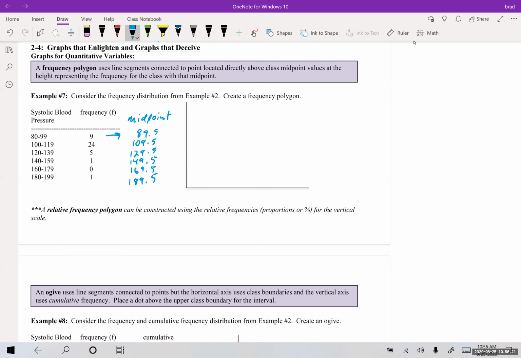So I'm going to make and label this axis: 89.5, 109.5, 129.5, 149.5, and I'm just going to continue this on, 169.5, and one more, 189.5.